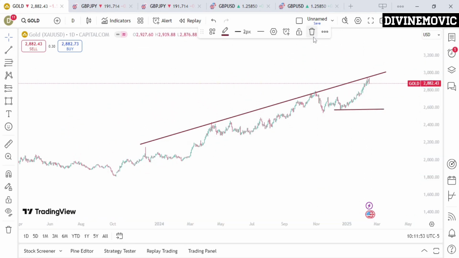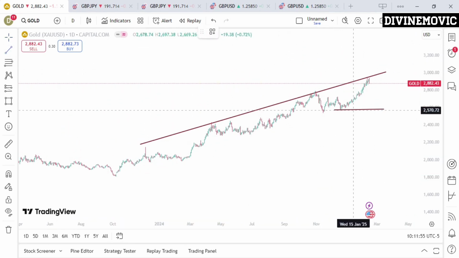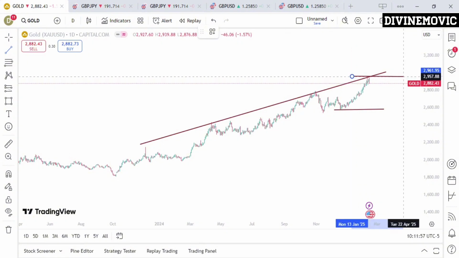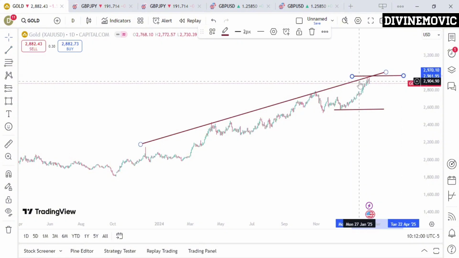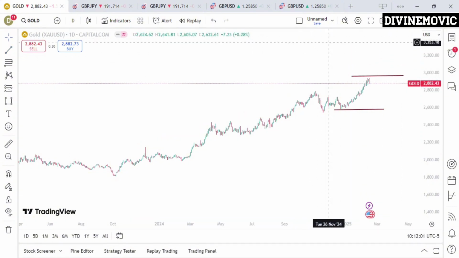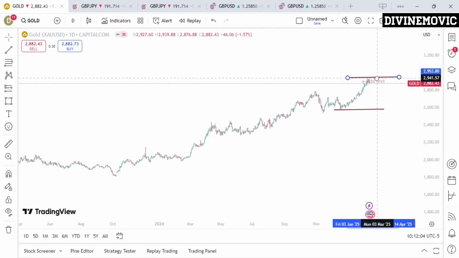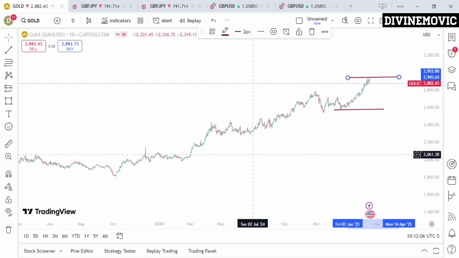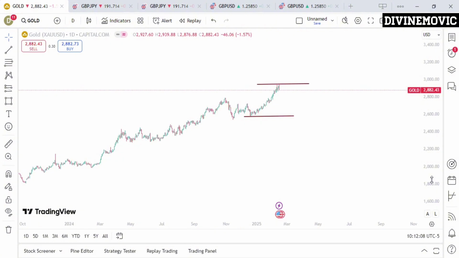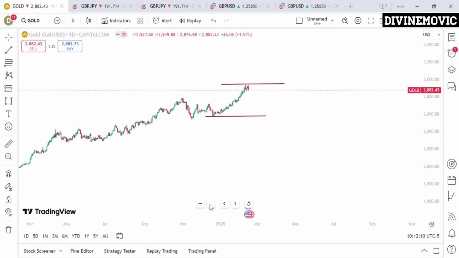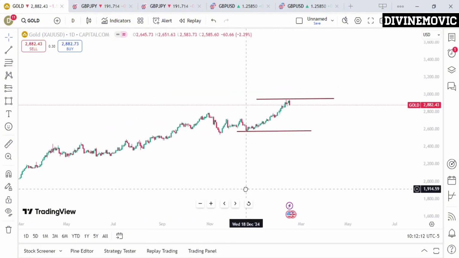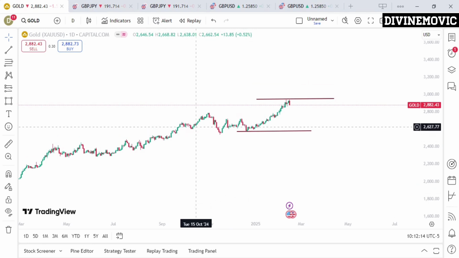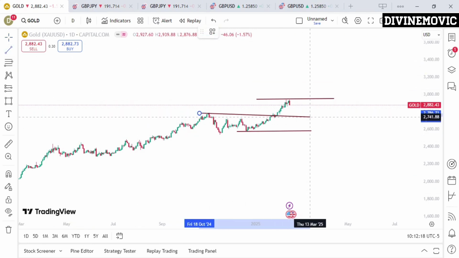Remove this one. And here is our resistance key level. Let me remove this one. So our focus now is simply on these two key levels, support level and the resistance level. And we want to also pay attention to this particular point that was acting as a resistance pushed on to a support.